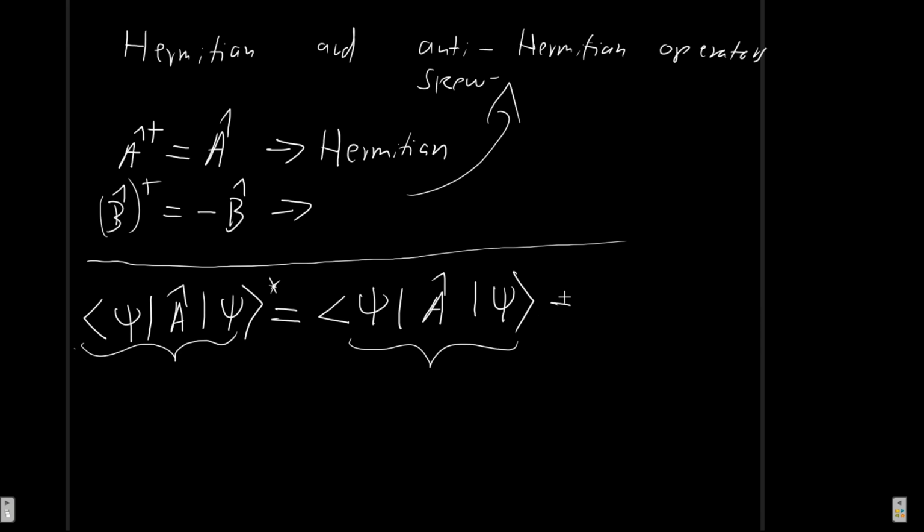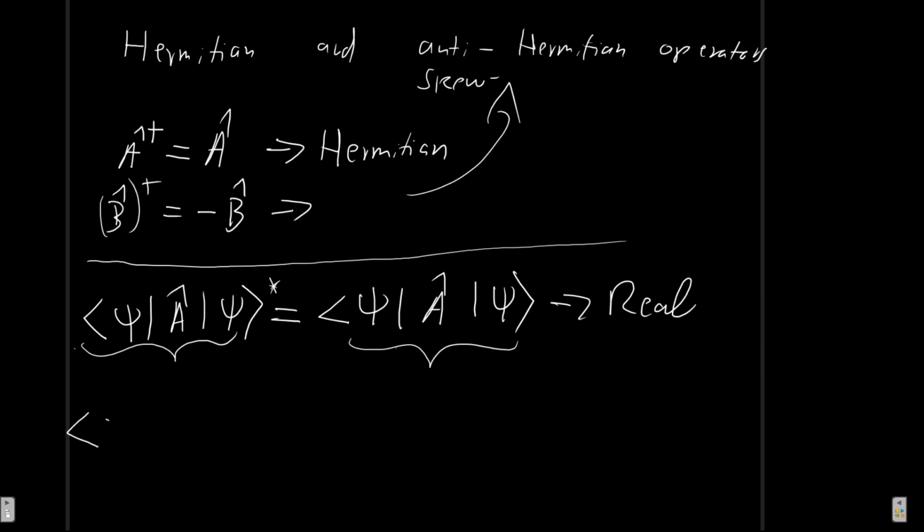That means that this is real. So it's a very straightforward proof, because all we had to do was conjugate this. We got that this right here is going to be the Hermitian adjoint of the operator, and because it's Hermitian, it's the same as A, so we get that the conjugate of a number has to be the same as that same number, and that means it has to be a real number.